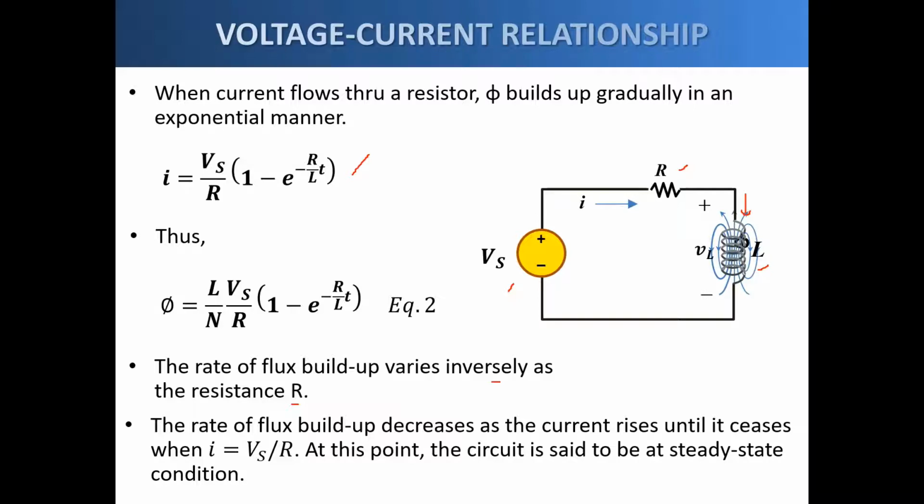For the series RL, the rate of flux buildup decreases as the current rises until it stops when I becomes a constant at V sub S over R, at which point the circuit is said to be at steady state condition.